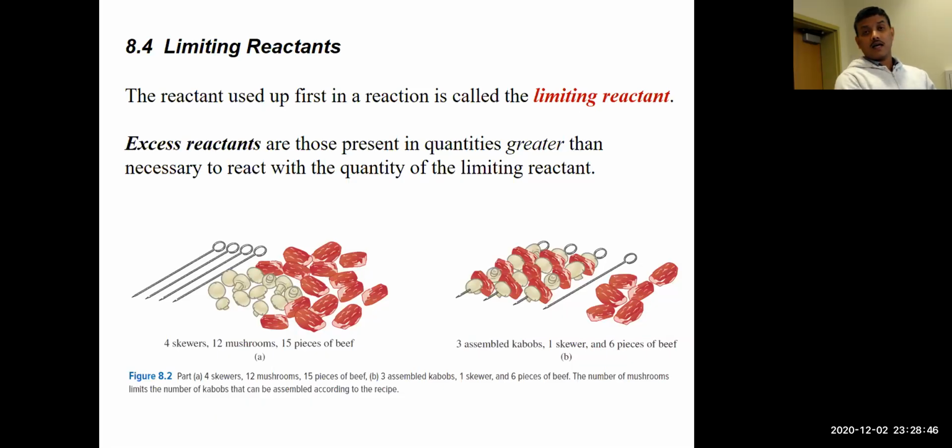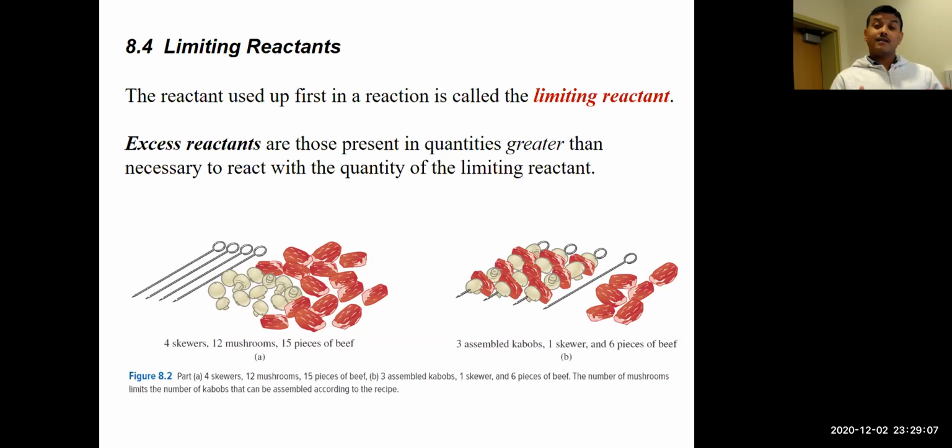So you cannot have more uniformly nicely made kebabs of meat and mushrooms because mushrooms are the limiting reactant. So you can only have 3 perfect skewers. The rest is just the meat left over with a skewer.